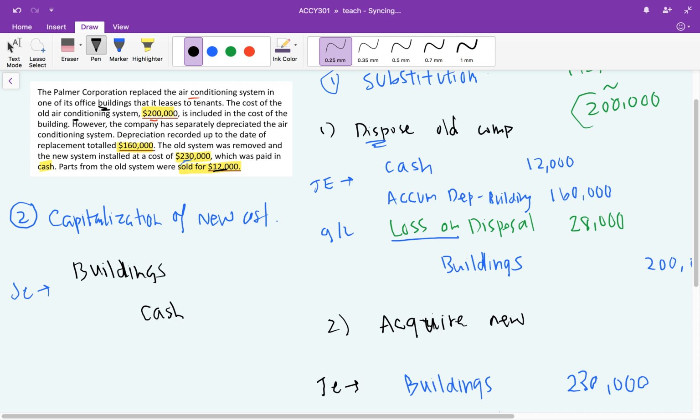So in order to get how much we would put as a number, we would take how much we paid for it, which is $230,000, subtracted by the gain that we receive for the parts of our old component, which is $12,000, and you would arrive at $218,000. And so that would be your value over here for your journal accounts.